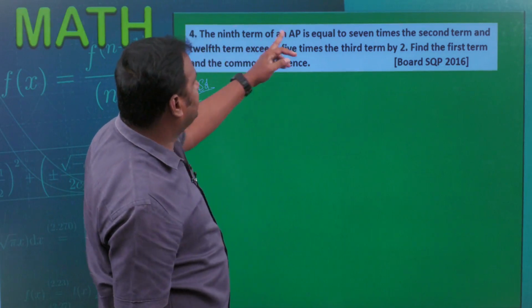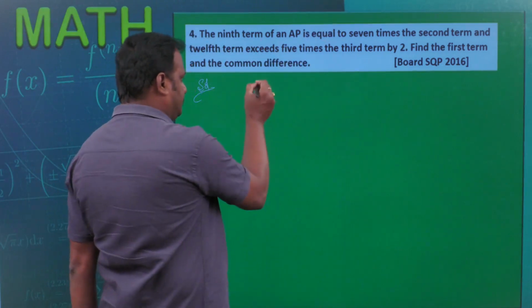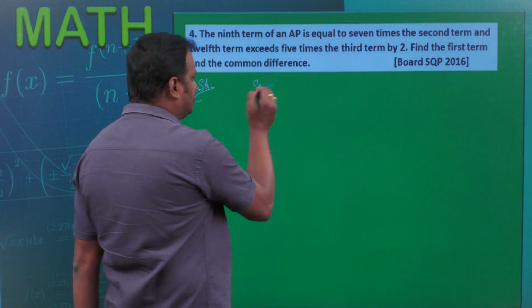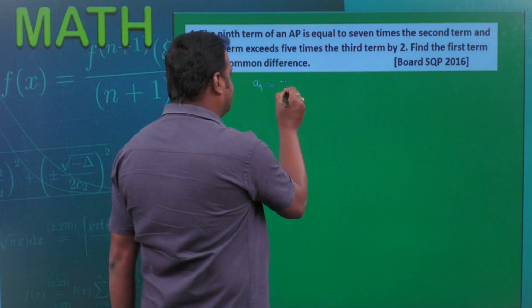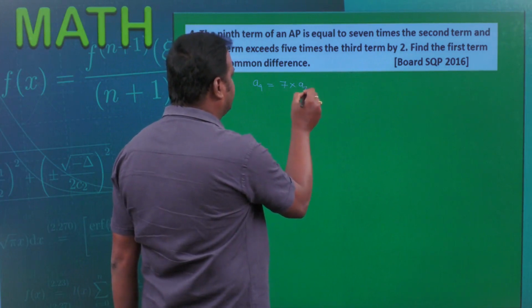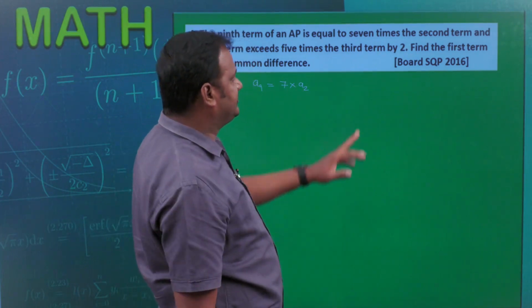The ninth term of an AP is equal to, means A9 is equal to 7 times the second term, that is 7 into A2. That is the first information.